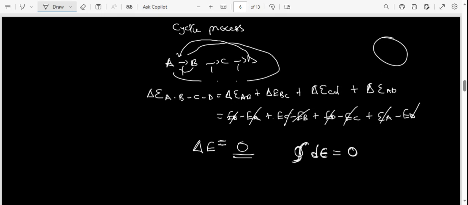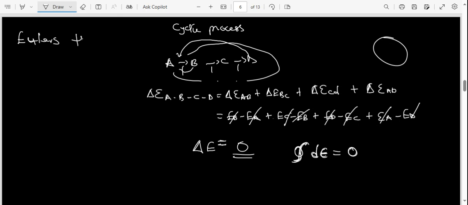Cyclic processes. And since they are cyclic processes, we'll be proving them by using what we call Euler's theory. It's E-U-L-E-R-S like that.